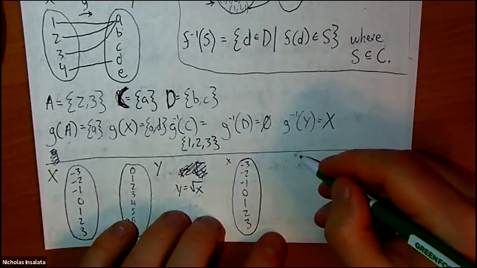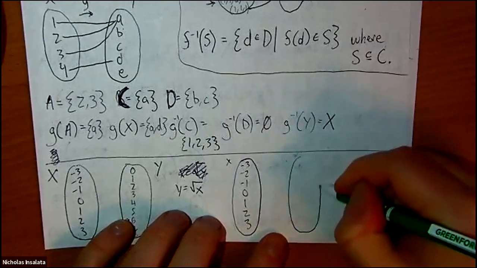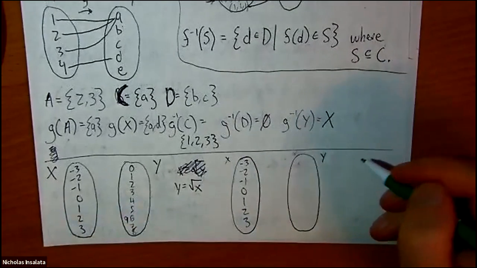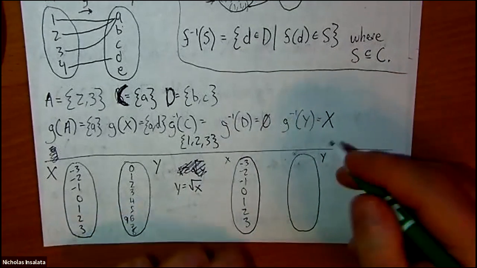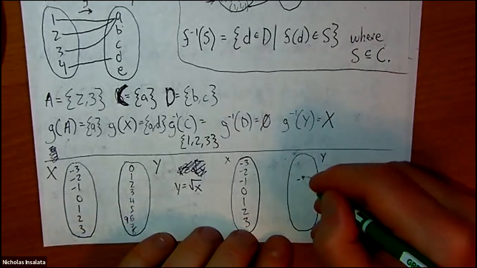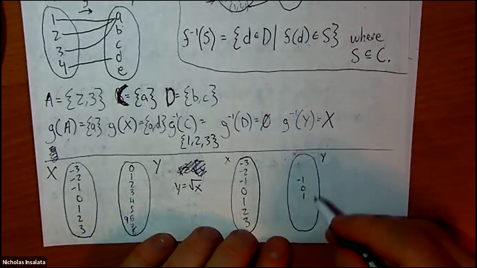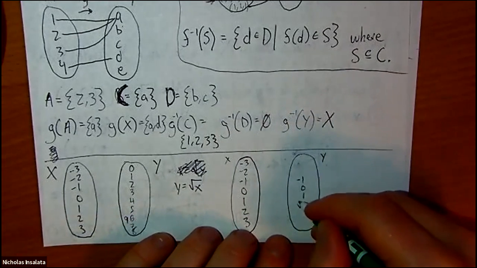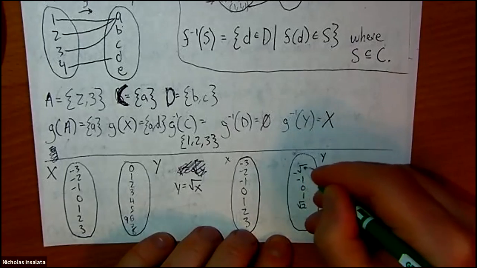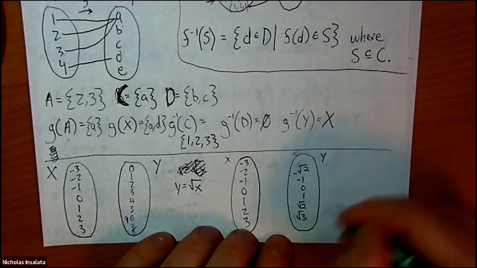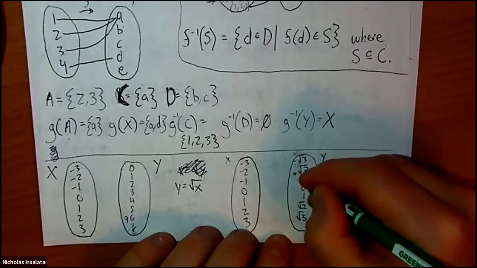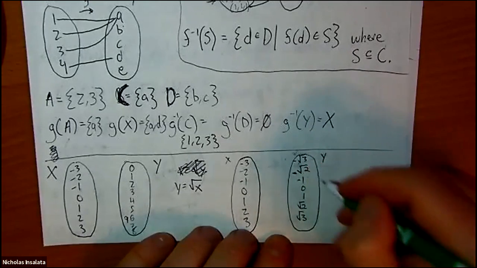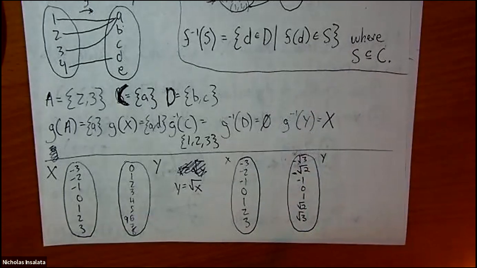And over here in my codomain, I'm still going to have -1, 0, and 1. I should also have √2 and negative √2, and then √3 and negative √3. I think that'll cover it, right?